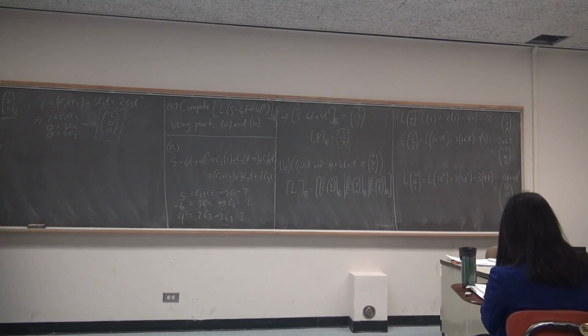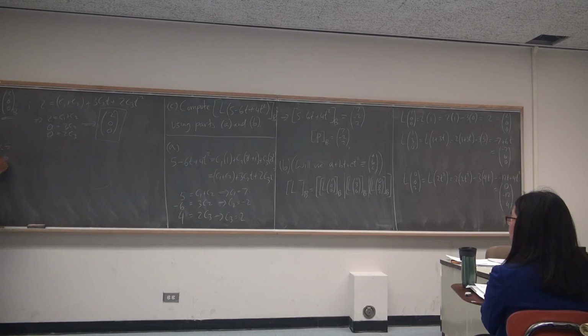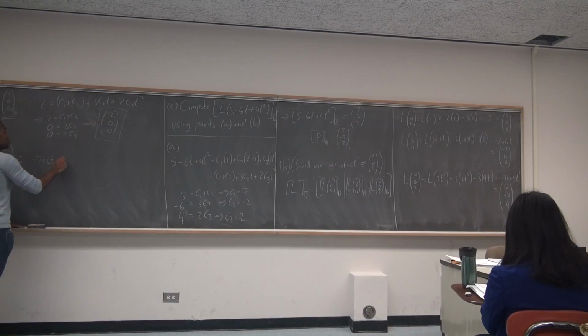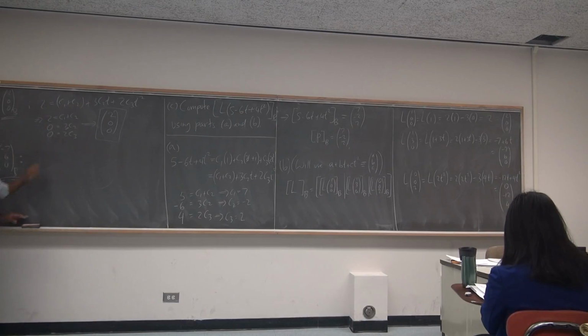Now let's look at the other one. Minus 7, 6, 0. I want to find that in terms of B. So I'm going to set minus 7 plus 6t equal to C1 plus C2 plus 3C2t plus 2C3t squared. I'm just not going to write this out again. So minus 7 is equal to C1 plus C2, 6 is equal to 3C2, 0 is equal to 2C3.